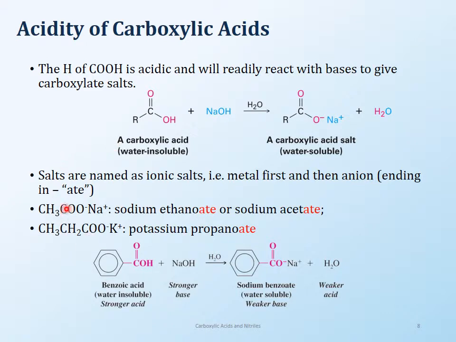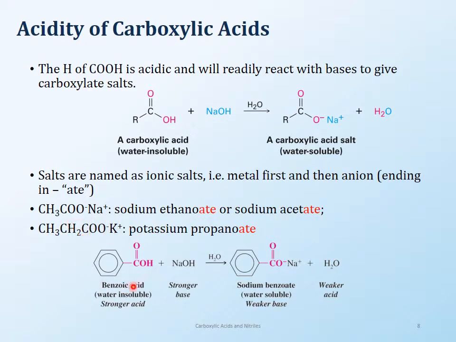There's a little bit different system for nomenclature of salts. You would name the salt as you would name an ionic salt, which means that you name the metal first. So for example, sodium acetate: sodium is the metal that comes first, and then the acetate, which is the carboxylic acid part. You have to end in "ate" in those cases.